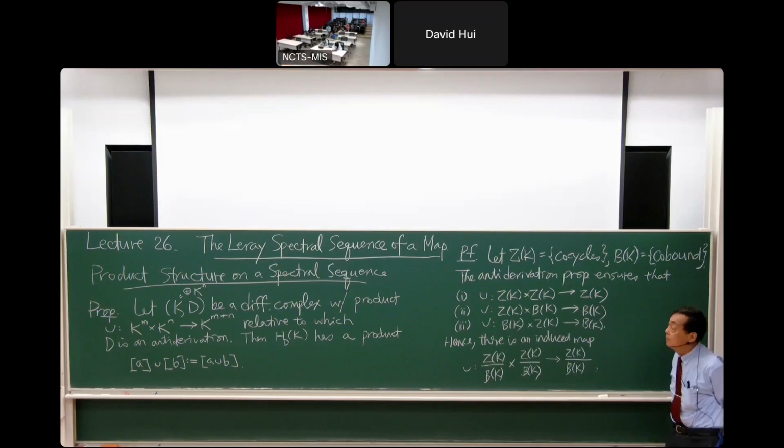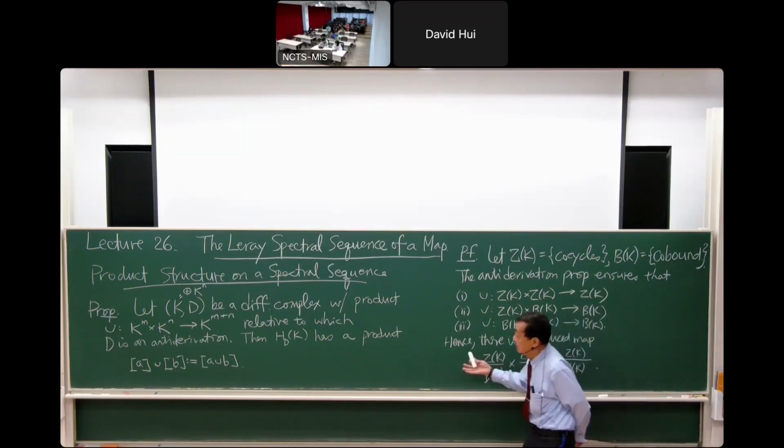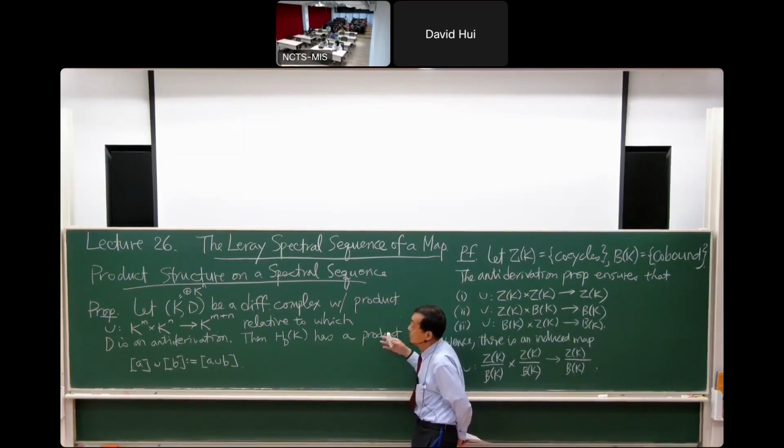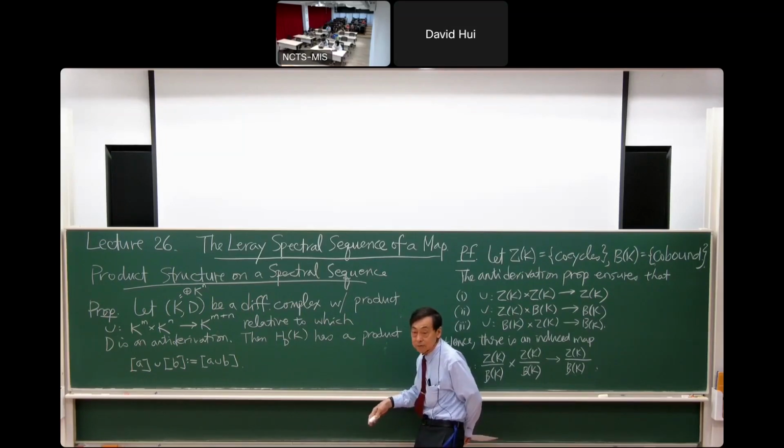So if you start with a differential complex that has a product, and D is an antiderivation, then the cohomology also has a product, okay?